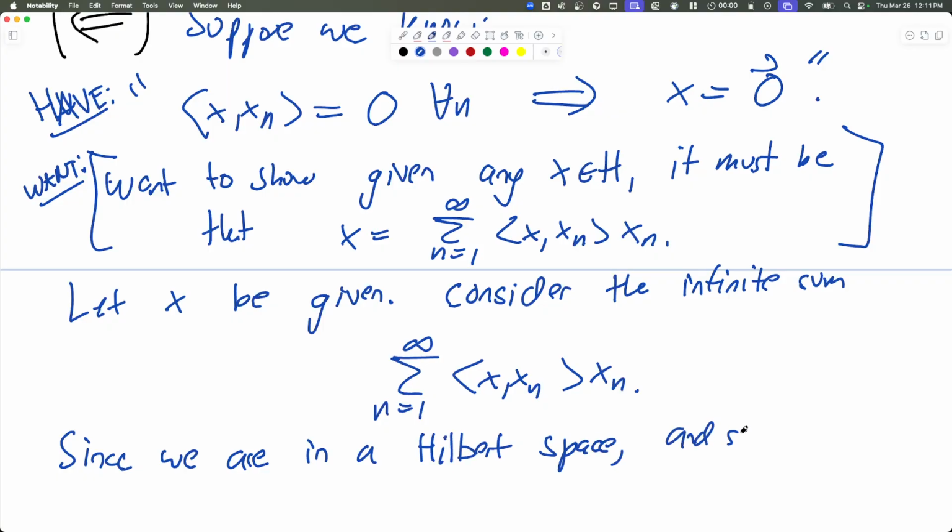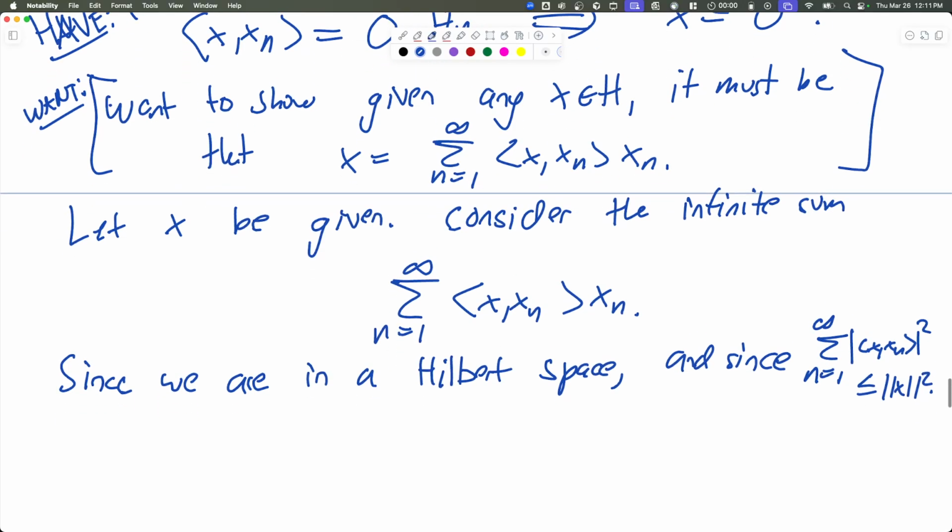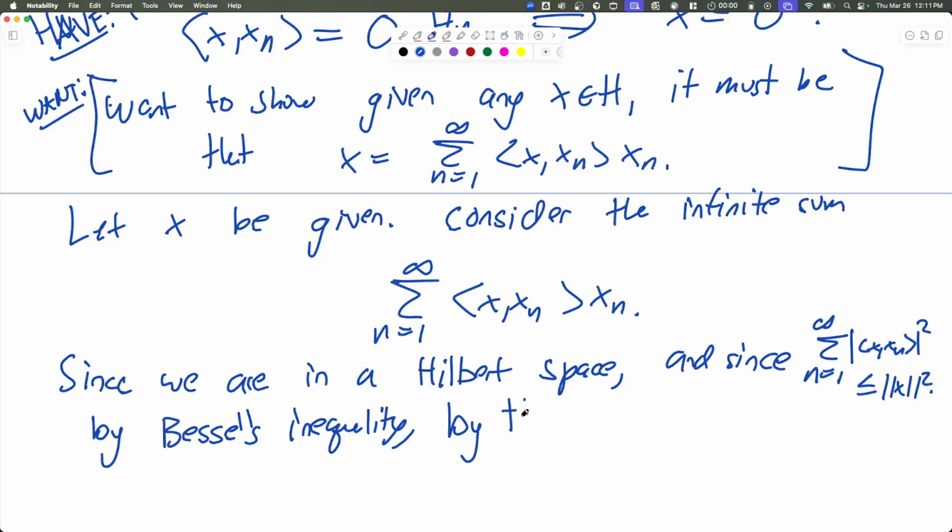Since the infinite sum of the squared coefficients is less than the norm of x squared by Bessel's inequality, the sum of these coefficients squared is finite. We're in a Hilbert space, so by the previous theorem, this converges to something.